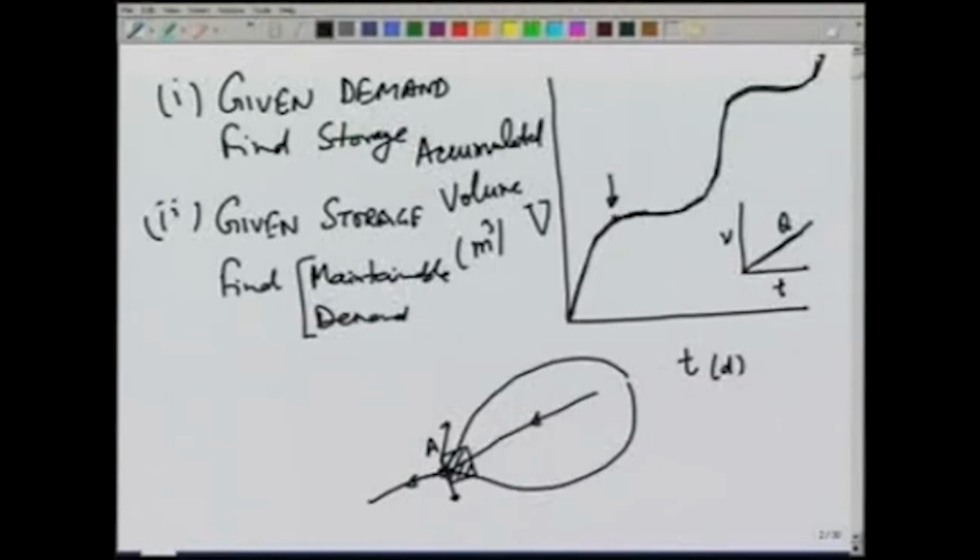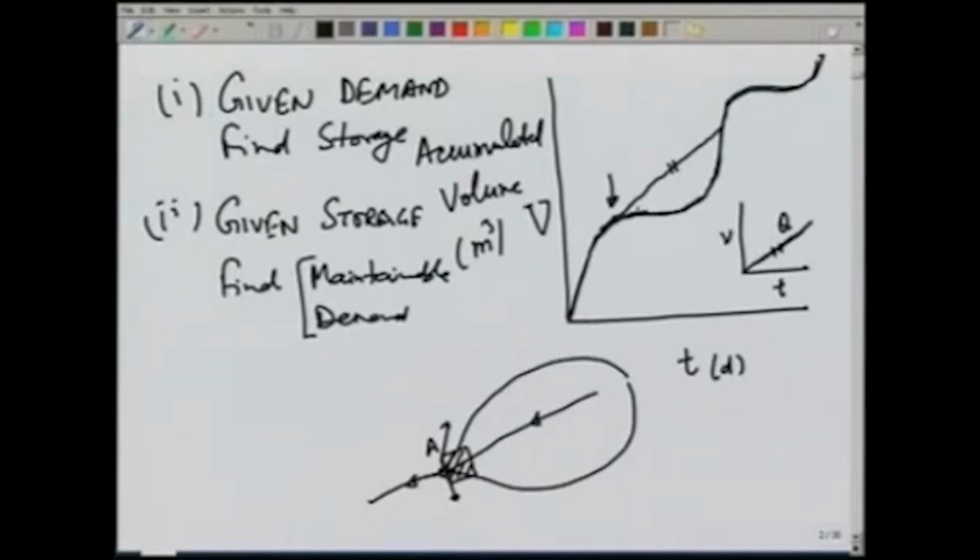Now, at this dry period, if we draw a tangent which is parallel to our demand line, this will include all the demands as we have already seen, and this is the tangent at the high point here or the ridge here.